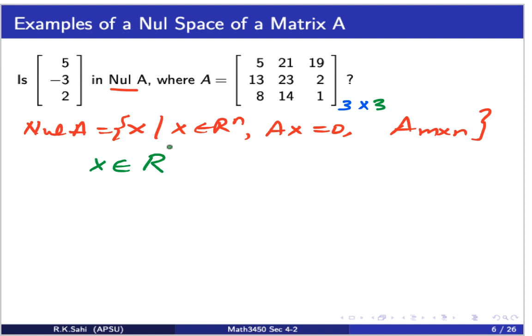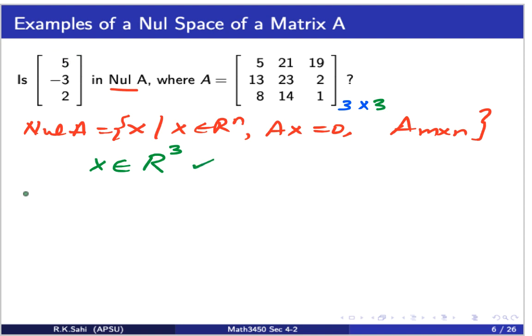I'm using the green to say this n basically is the number of columns. The green matches the green, okay? The number of columns is where the vector should be going to. So x is an element of R3. So yes, it is true, because the vector we are looking at is an R3 vector. So we are good to go.